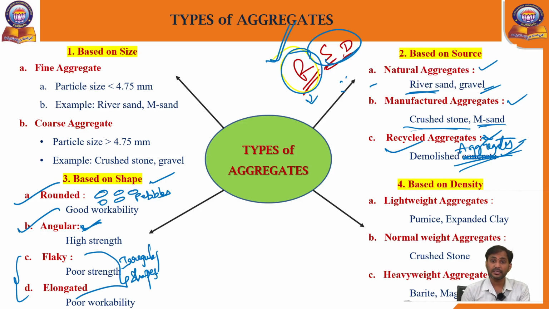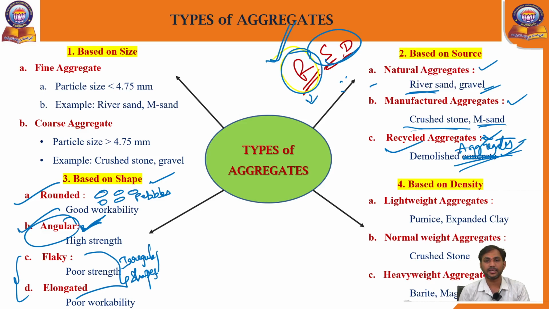Those angular aggregates should be used for the construction purpose. Why? Because after filling the concrete in a specific location, we do the compaction. Due to that compaction, vibration happens. All the angular aggregates fit into each other's angles, from one aggregate to another. So that's why angular aggregates are very good.